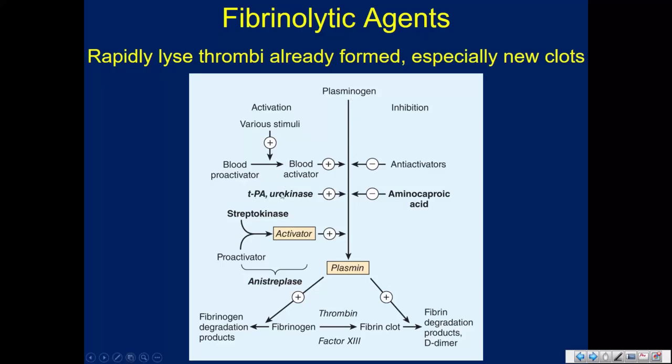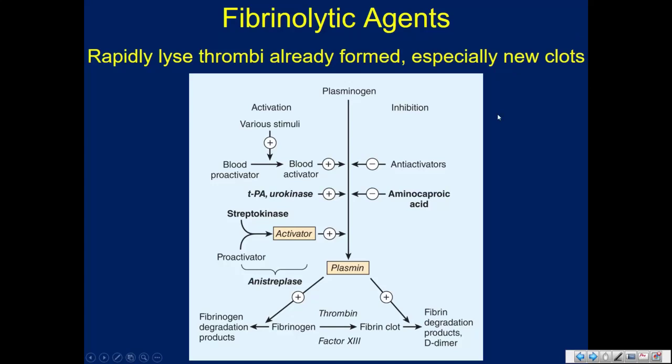Activates plasminogen, made in tissue. Real easy, all right? It activates, it's indicated by this plus sign, into plasmin. Plasmin then, shown here, dissolves the clot. That's all I really want you to know. Plasmin dissolves the clot, interferes with thrombin, dissolving the clot, all right? So TPA activates plasminogen into plasmin, which in turn degrades or lyses the clot, especially new clots.